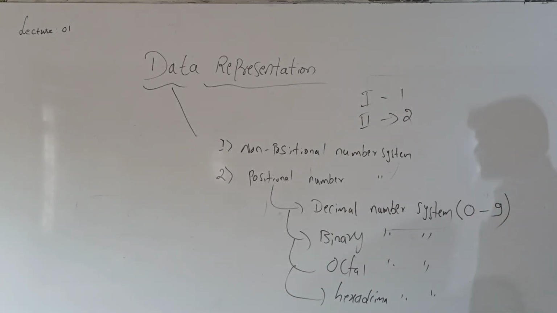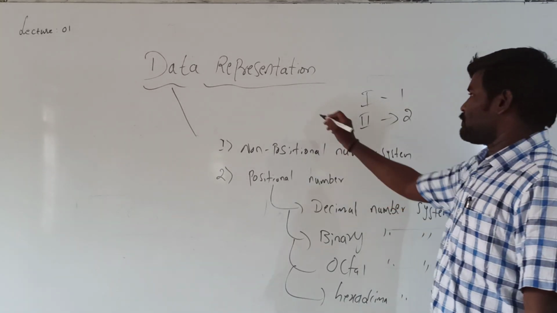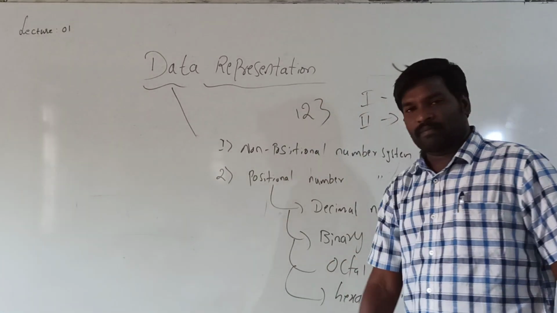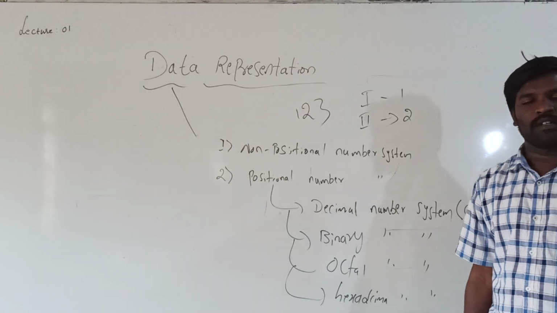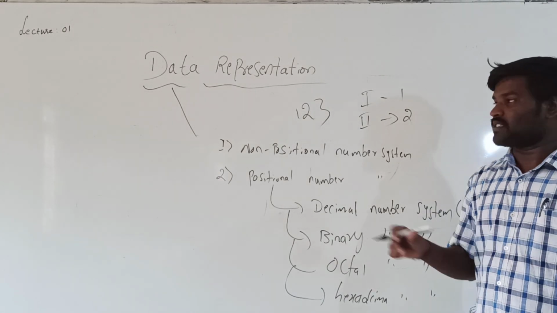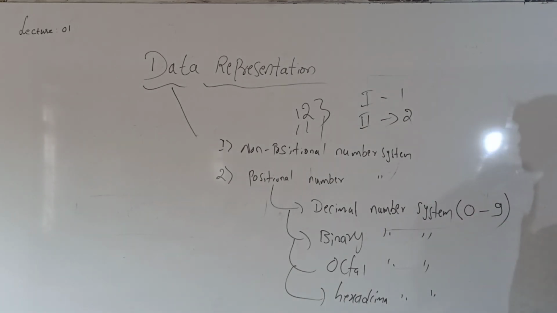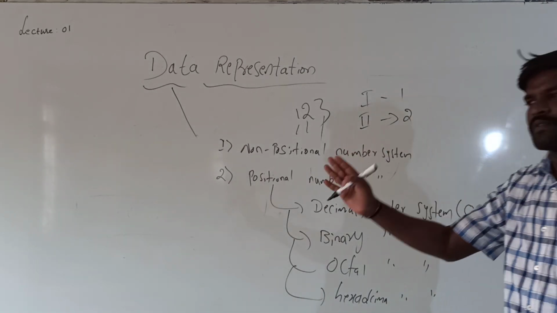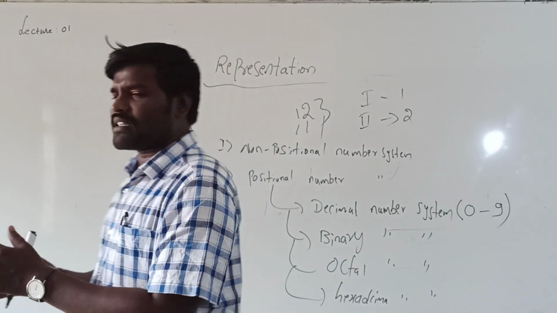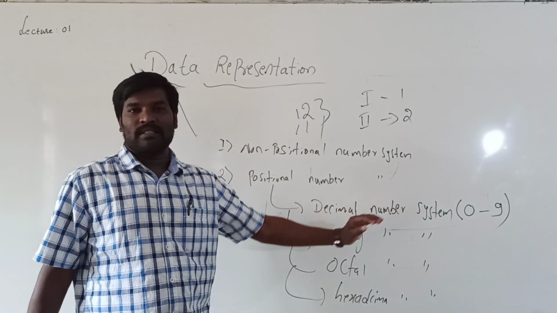For example, if I write 123, this is the decimal number system, because each digit comes under 0 to 9, means from 0 to infinity. So all the numbers come under the decimal number system.